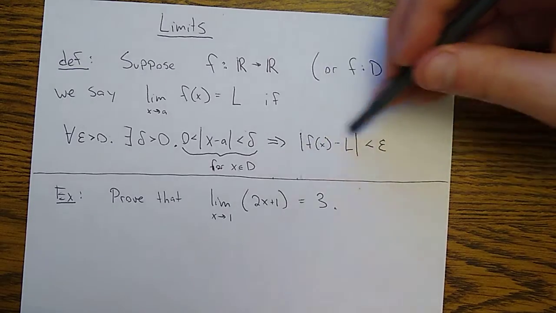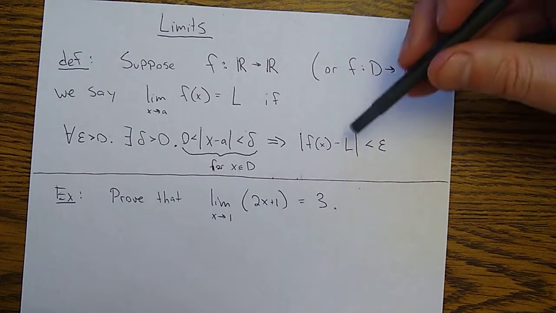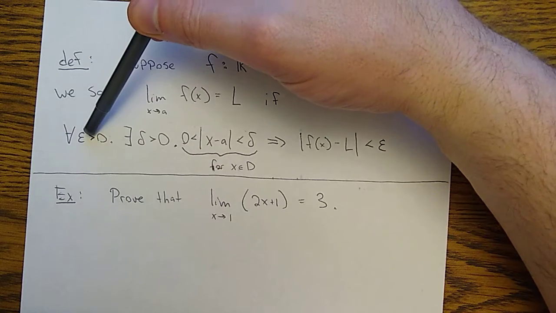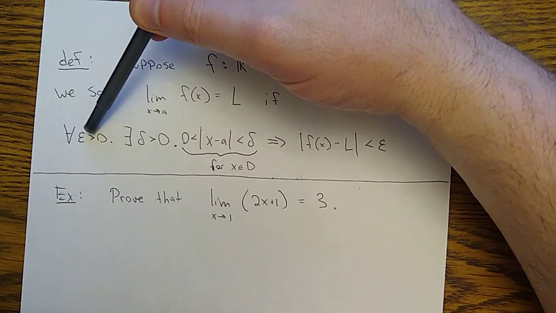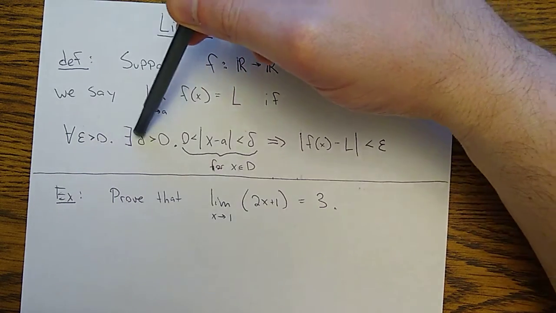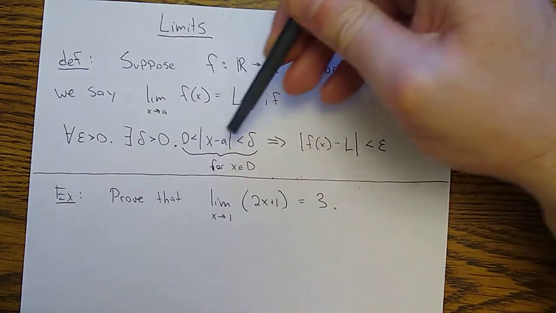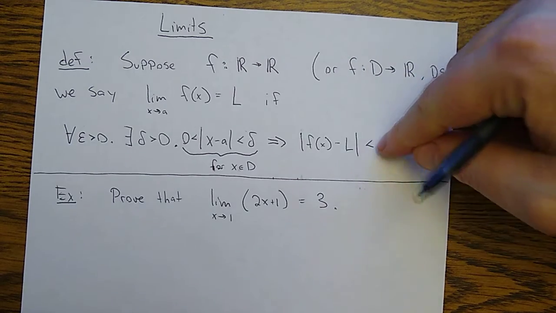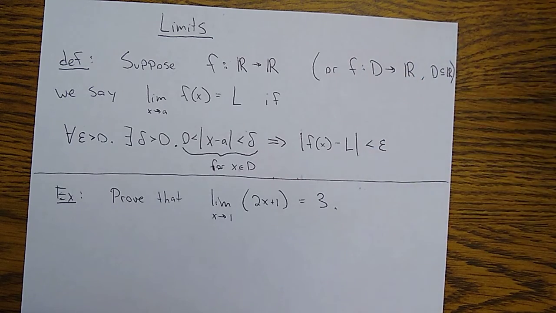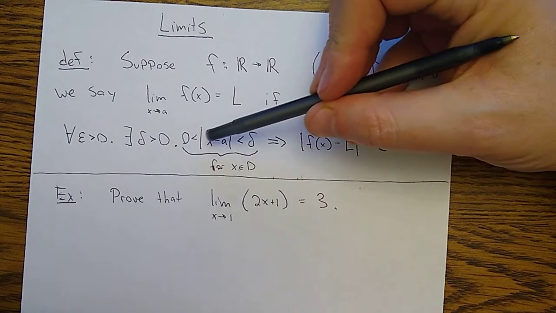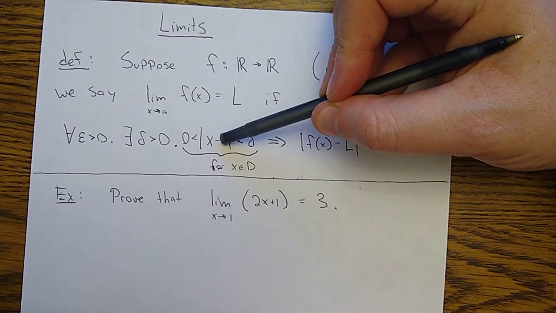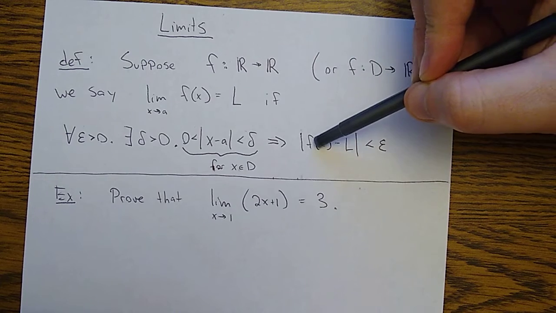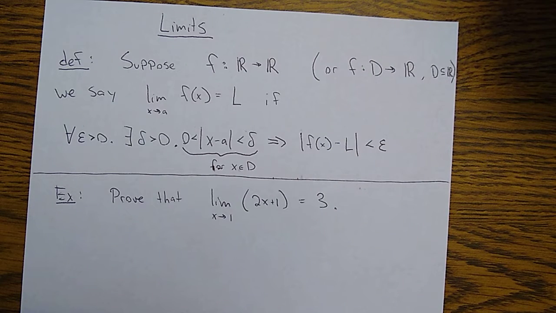So epsilon is like the closeness of f of x to L. So no matter what I want that closeness to be, there exists some delta telling me how close x needs to be to a in order for that to happen. In other words, I'm able to guarantee that if x is close enough to a, then f of x is close enough to L. Roughly speaking, that's what I'm doing, and that's why this definition makes sense.